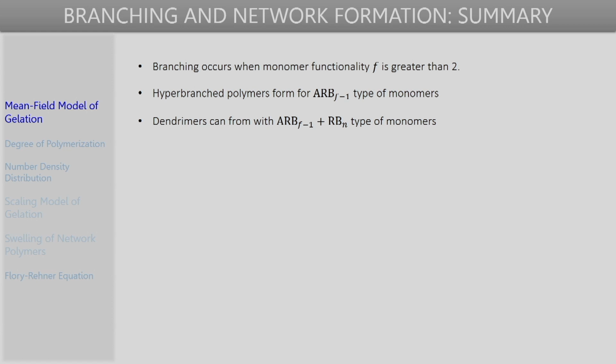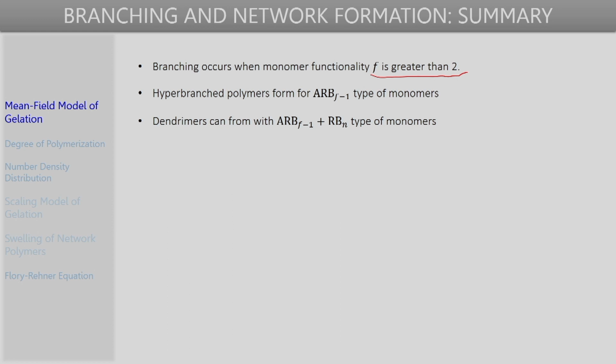So, at least f greater than 2 is required for branching. For a special kind of monomer type, AR B f minus 1, where f is the functionality and A and B are the functional groups that react, we can get hyperbranched polymers. It will not form network polymers or result in gelation, but we will get hyperbranched polymers.